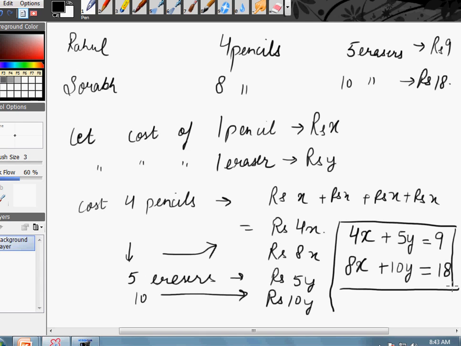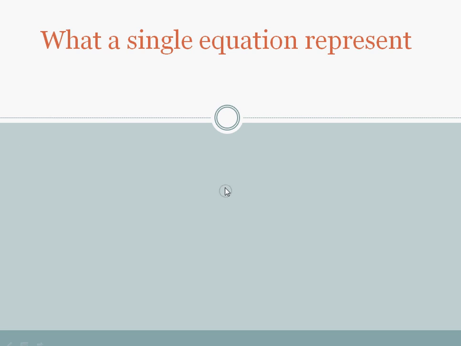Thus, the given situation can be represented as a pair of linear equations in two variables in this way.